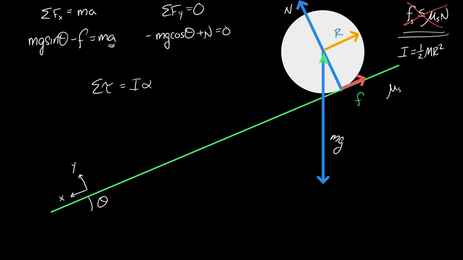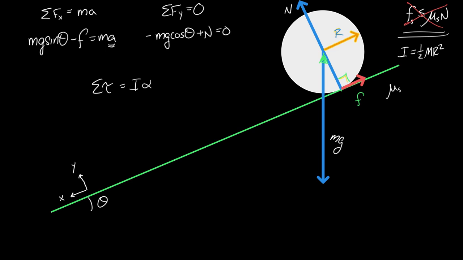The only force that is acting in such a way that it can effectively cause a torque is the frictional force. The frictional force causes a torque because it's applying its force perpendicular to the torque arm, and it's applying that force a distance r away from the axis of rotation.